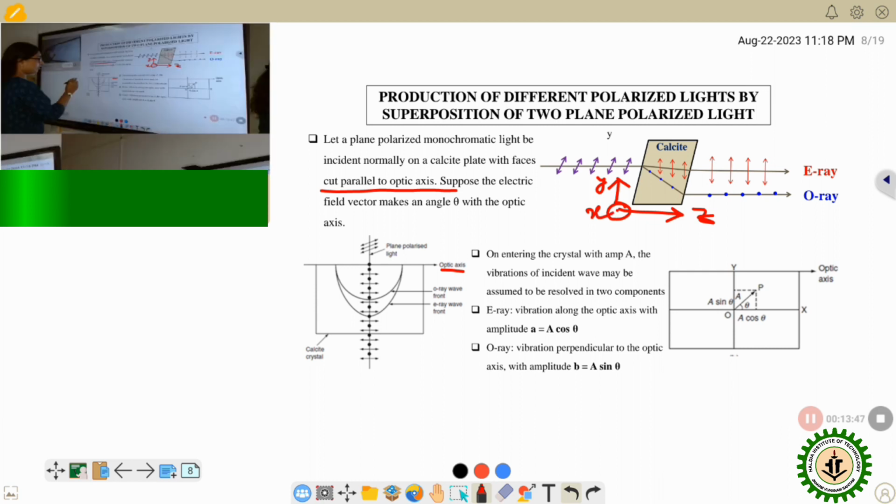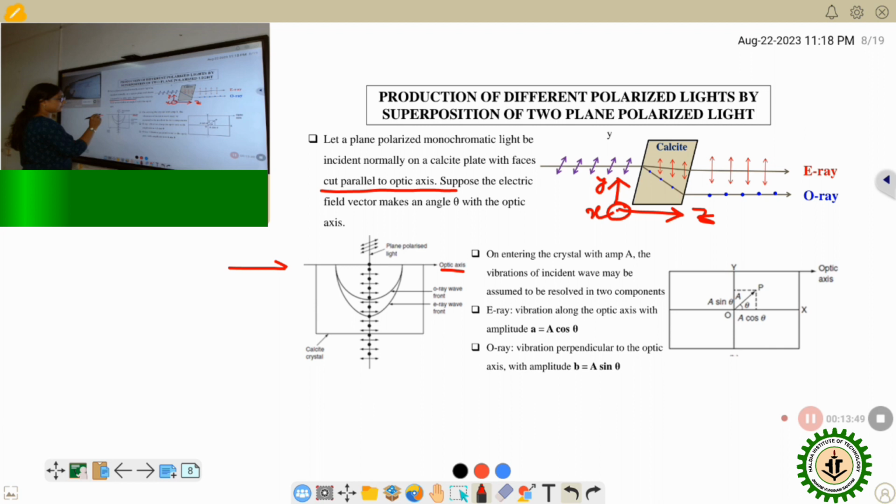Now in this picture we have plotted x along this direction, z along this direction, and y is perpendicular to the plane of the board in this picture. So as a result of it, you can see that the optic axis is along the x-axis and the wave moves along the z-axis.